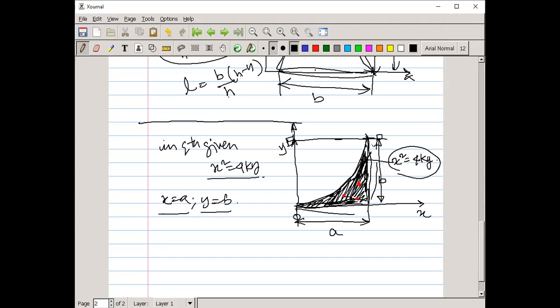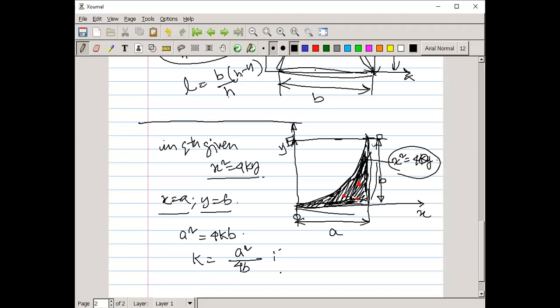So the equation becomes a square is equal to 4kb. Clear? This k is a constant actually. So what is the value of k? k is nothing but a square by 4b.